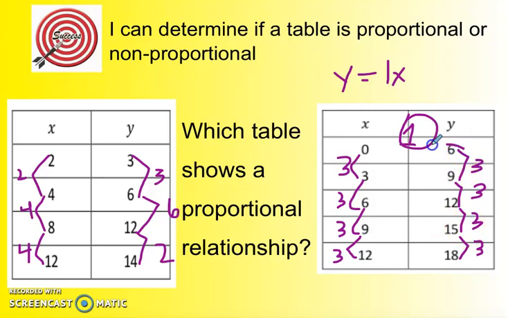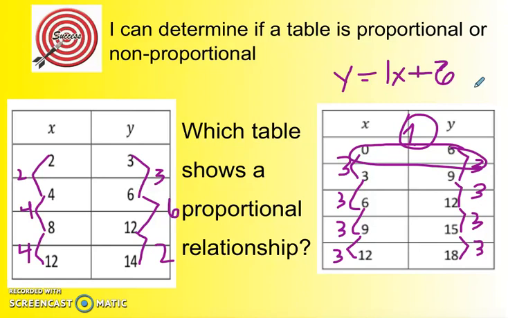Does this start at 0, 0? No, this actually starts at 0, 6. So that means that this actually has a y-intercept of 6. I meant to say 6 right there. So this doesn't fit the criteria. Remember, we need to be able to fit both criteria.